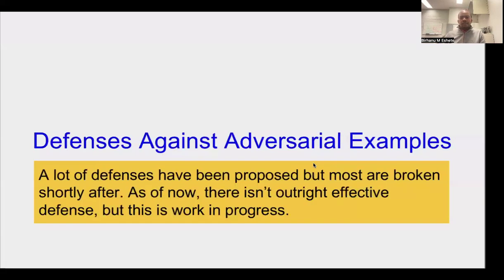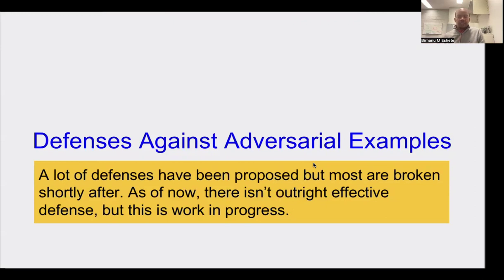Okay, so that's a highlight and an example of adversarial example generation techniques. Now we have to also talk a little bit about defense against adversarial examples to make sure that the picture is complete here. Just like the attacks, a lot of defenses have been proposed, but most of them are broken.